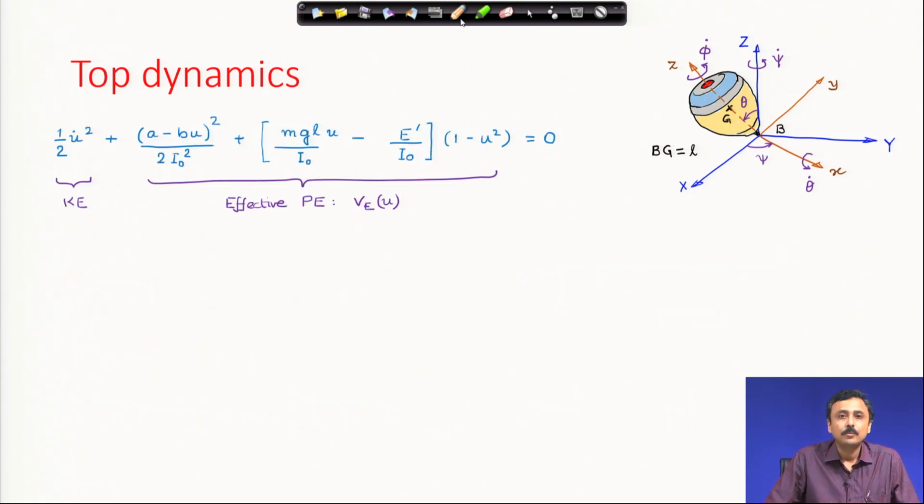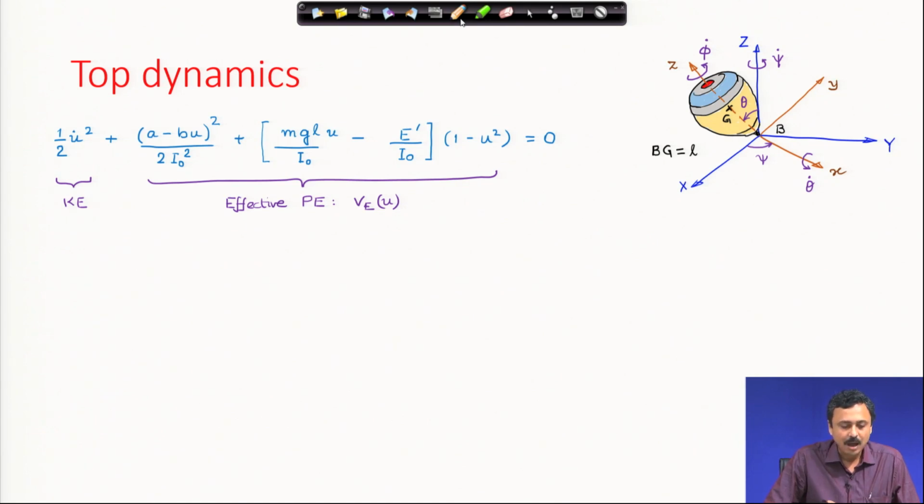Right. Now, let us interpret this equation, this constant of motion or this integral of motion. Now, as the motion proceeds, this quantity is going to be 0. We have come across this structure of an equation even in central force motion, where we discussed energy, and we can interpret the first term, half u dot squared, as kinetic energy and the rest of it as potential energy or some effective potential energy.